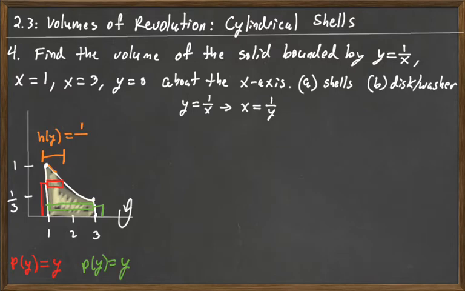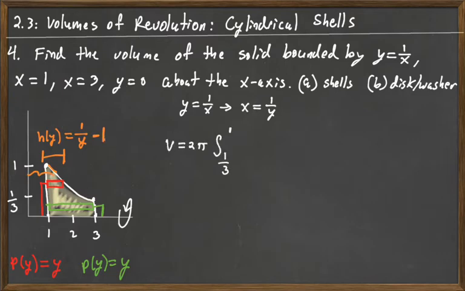And 1 over y describes the distance from here, well, let's do up here a little bit, from here all the way to this point here on the graph. So it's going to describe that distance. So when we're talking about h of y, it's going to be 1 over y, and then we need to subtract out that gap, which is 1. So it's going to be 1 over y minus 1.